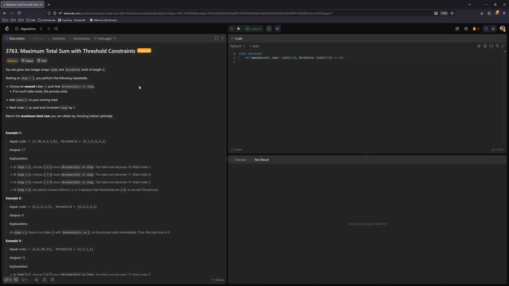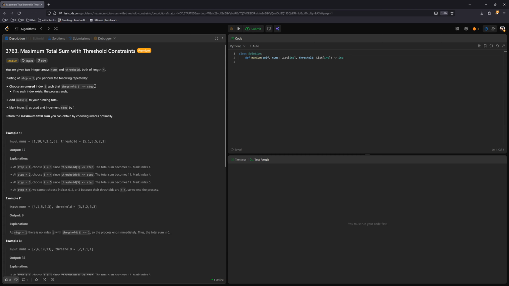Threshold is less than step. Choose an unused index I such that threshold of I is less than step. Okay. Yeah, it would help to look at the inputs there, Luke. Okay.